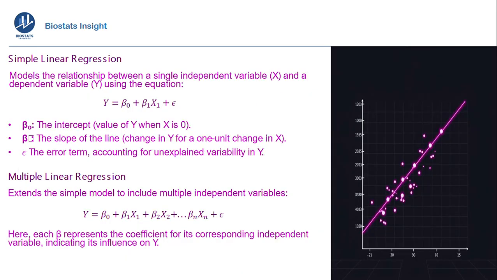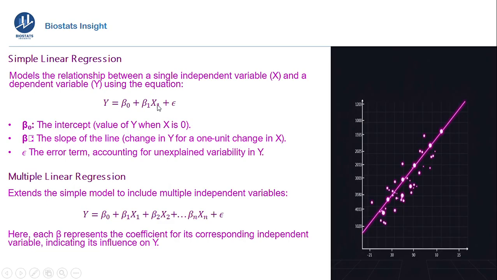Now we are going to check what simple linear regression is. The regression model is written as the equation y equals beta 0 plus beta 1 x1 plus error term. Here y is your dependent variable, x is your independent variable, and beta 0 is your intercept, that is the value of y when x is 0.